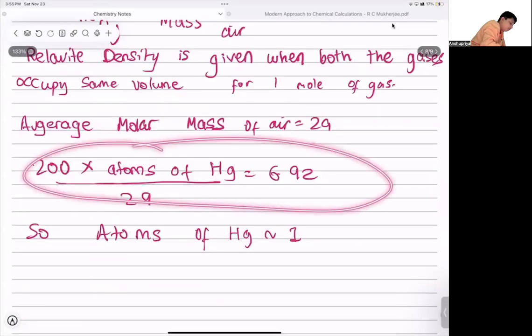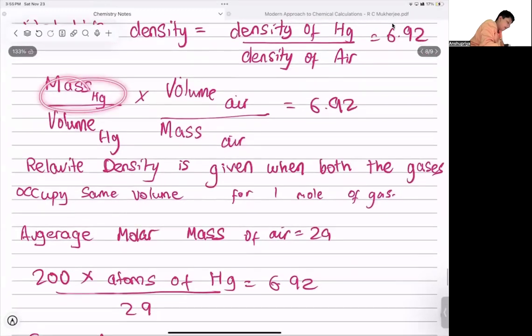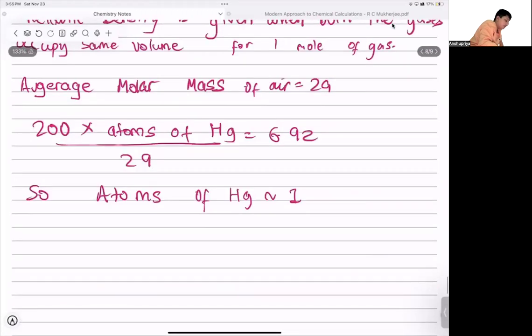So putting in values, it will become 200 mass of Hg into atoms of Hg, how many atoms they are, divided by 29, the mass of air, is equal to 6.92. Then doing the calculation, approximately atoms of Hg is equal to 1. That's it. Solved.